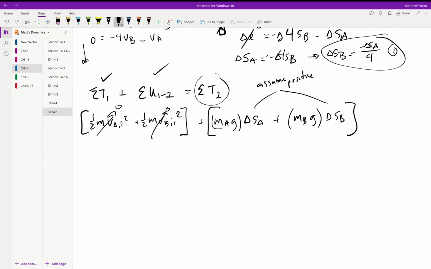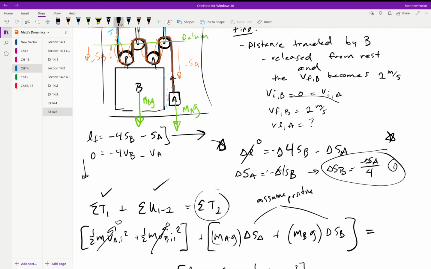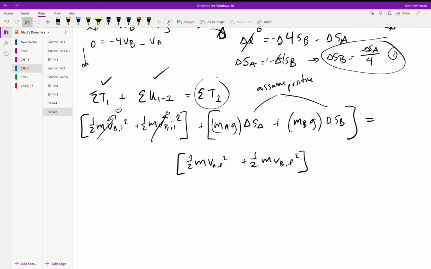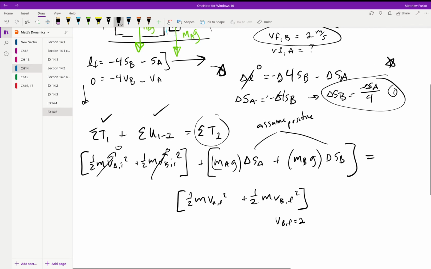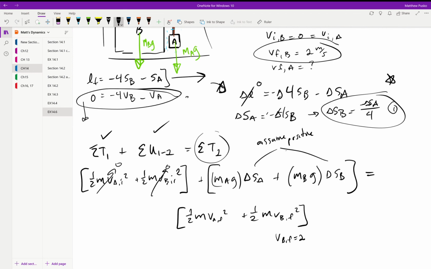We still need to do the kinetic energy in its final state. We're going to have some 1/2 m vA final squared plus some 1/2 m vB final squared. Alright, we want to know when vB final is equal to 2. And we have this relationship right here that we can use. Call that equation 3. This would be our big equation number 1.